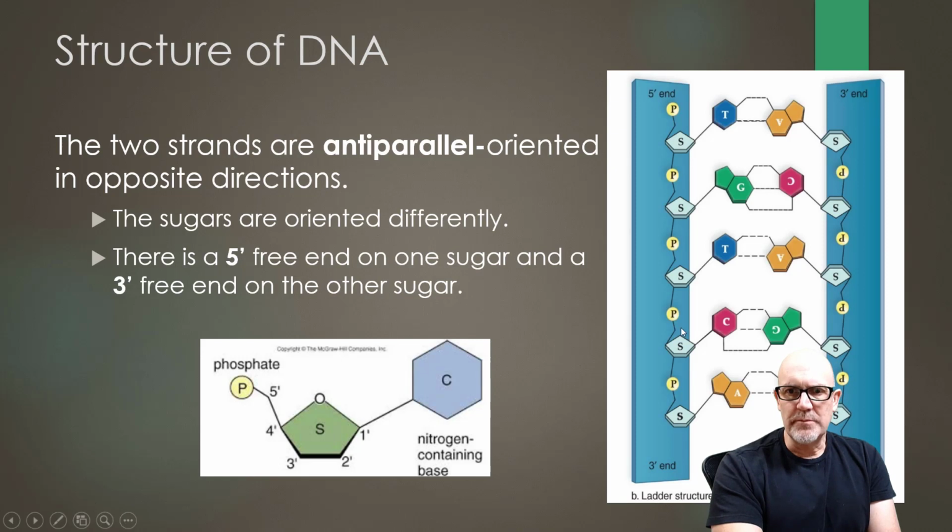It's really important because they give each end of these strands a name. They call this end the 5' end and this end the 3' end, and it's named after the carbon on that sugar. So notice here's the pentose sugar. You've got a carbon on each of these corners.